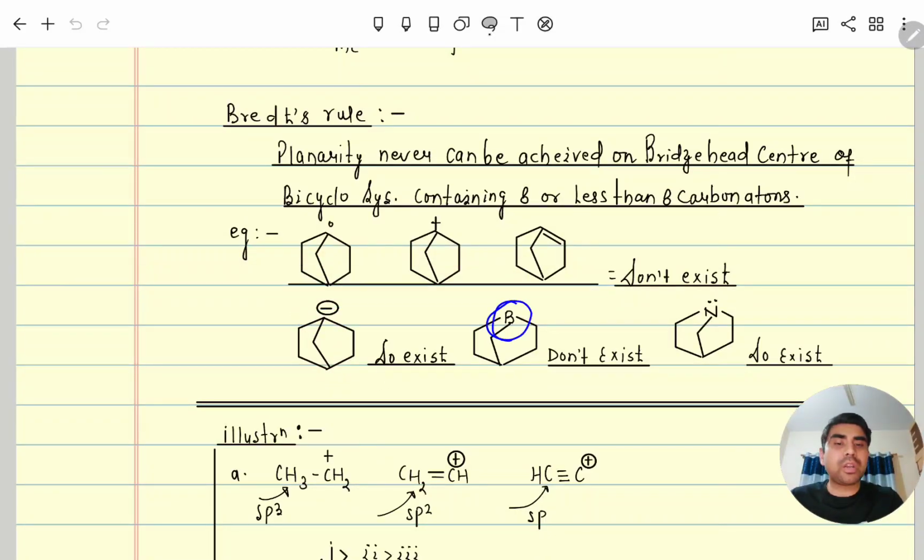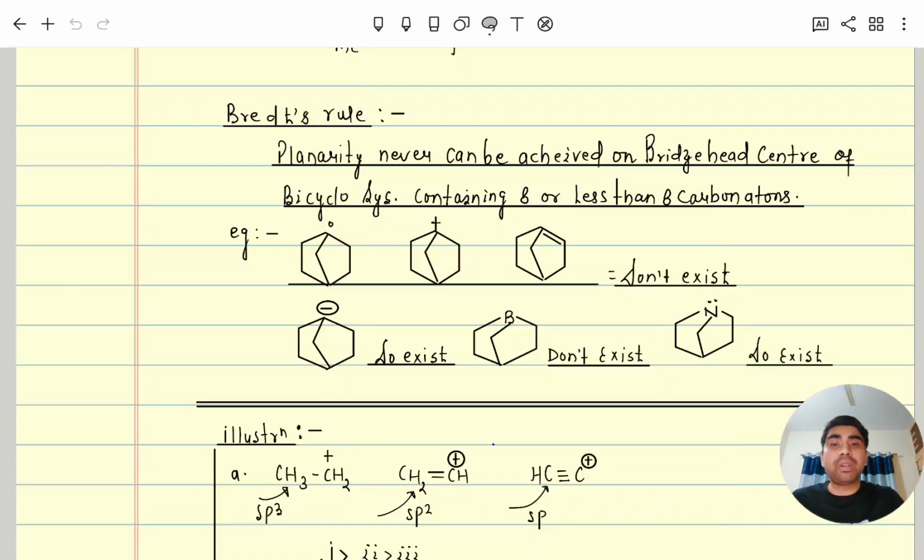Yes, here boron, it is an sp2 entity, so can it exist? Yes or no? Because it has a vacant p orbital also. So it is sp2. No, it cannot exist. Yes, nitrogen can exist, sp3. Clear? So planarity means sp2 entities cannot exist at the bridgehead center. Who told?